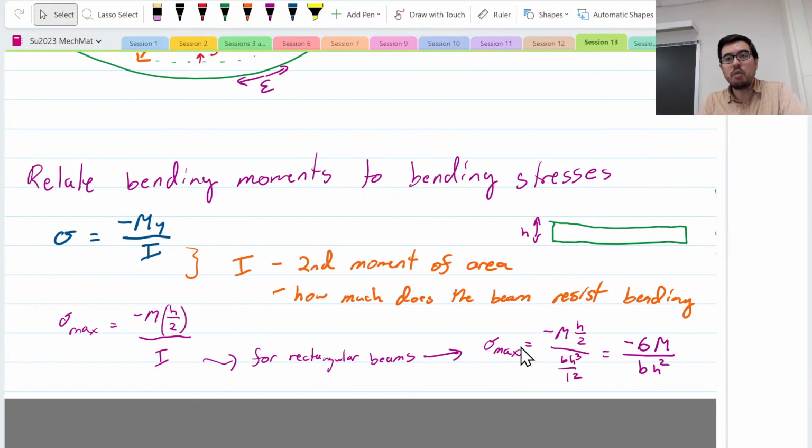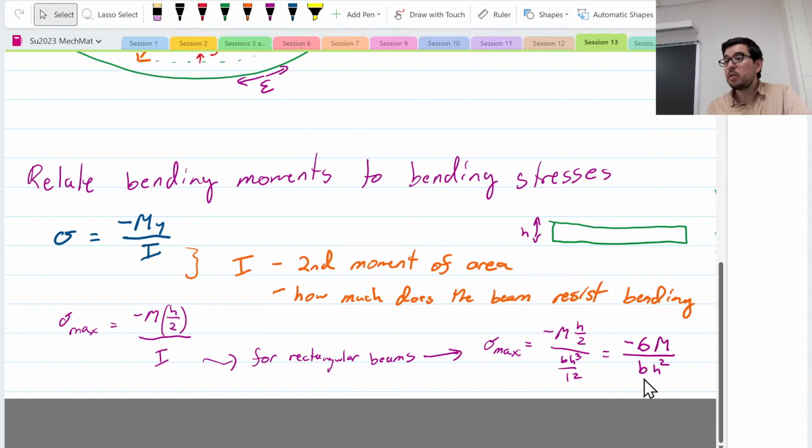That's a normal stress, and that sigma max has got to be less than the yield strength of the material. So we have to make sure that this quantity, at least for a rectangular beam, is less than that threshold.